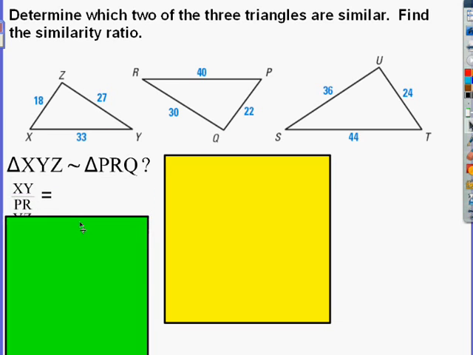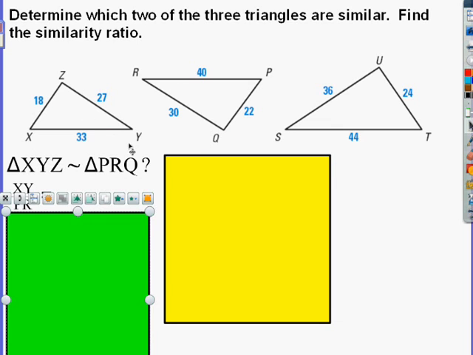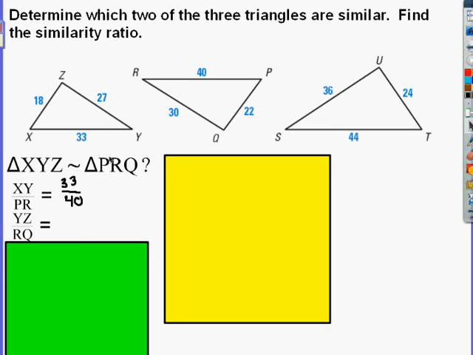Let's check out the first set of sides. Here I have XY. If you notice, it's the longest side in this triangle. So that would correspond with PR, which is the longest side in the second triangle. So let's set up a ratio. This would be 33 over 40. Does that reduce at all? Well, no. So I'm looking for that to be my ratio. The next set of sides, YZ and RQ, that's the next longest side.